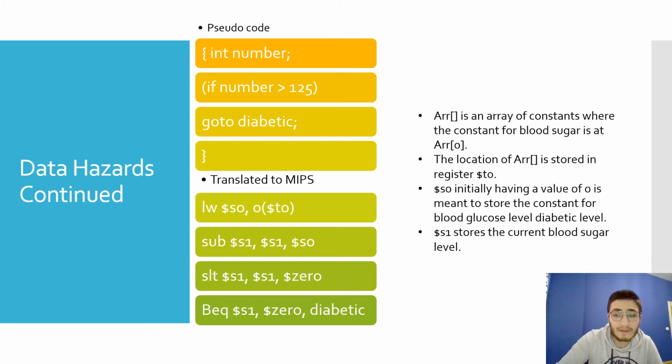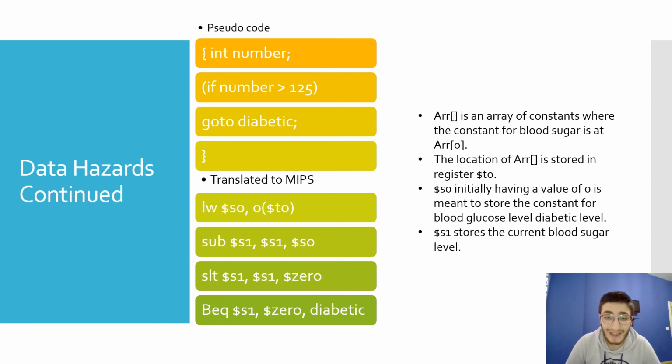For that, we'll translate the following pseudocode into MIPS. The number would be our glucose level located in $S1. The constant 125 is located in an array of constants, so its address is found in $T0, and the 125 is at the first index.